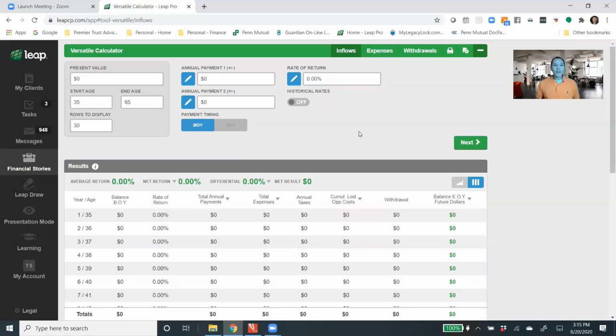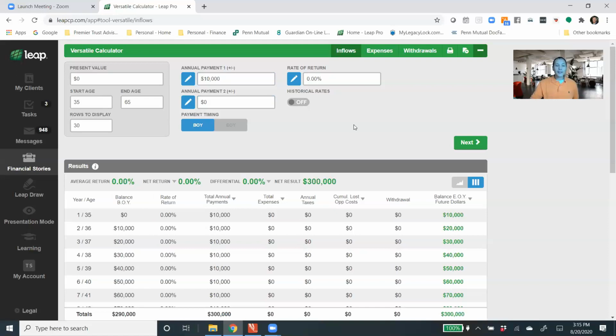So we're going to go with the assumption of a 35-year-old couple and illustrate this over 30 years. And let's just assume that they're able to save, say, $10,000 a year. That's $300,000 over 30 years, right? So pretty basic stuff. And let's go with the assumption that they can earn 11.46% every single year.